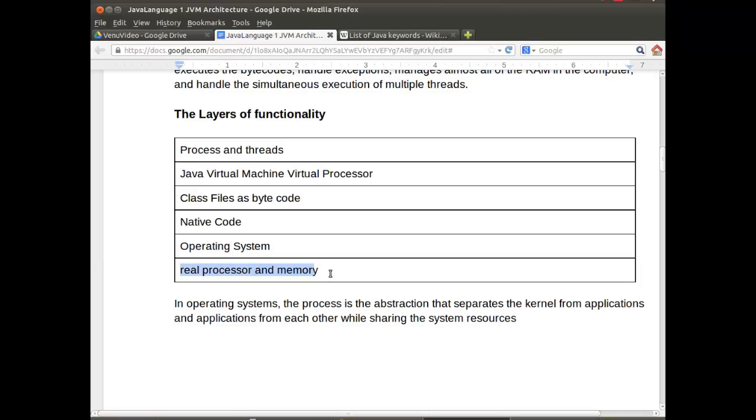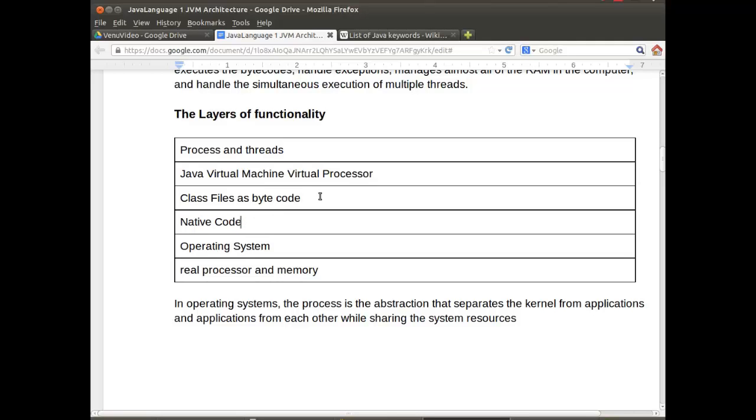So the real processor and memory support an operating system. In that operating system we can have binary programs or executables. One such is the Java runtime environment, or it could be a graphics package or an audio package. And these binary runtimes or executables read native code to perform their instructions.